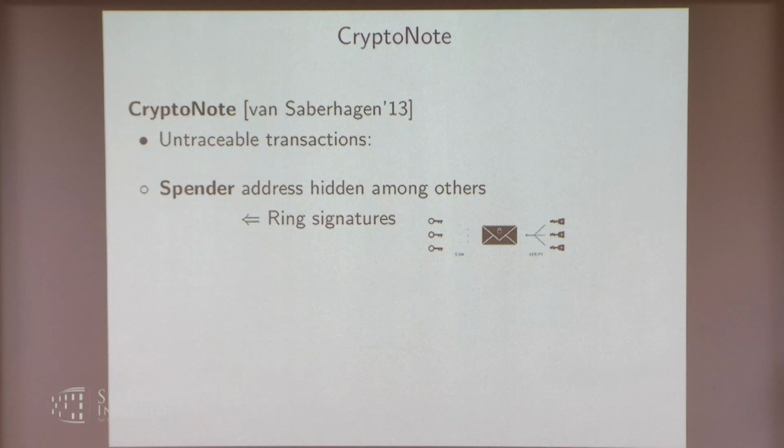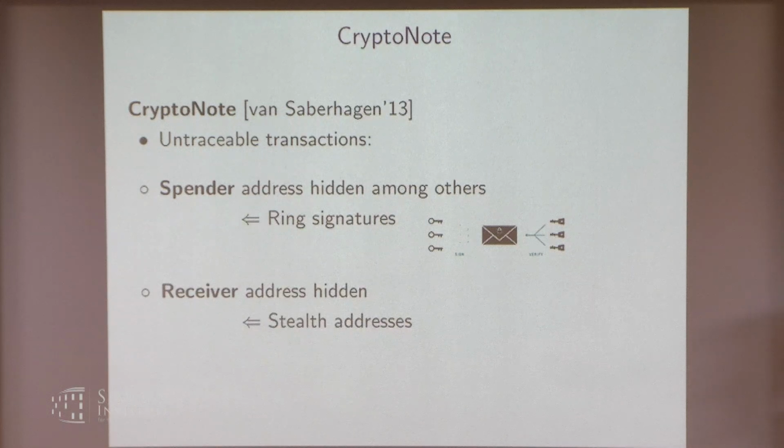Hiding the spender is done by a cryptographic primitive called ring signatures. I would have been proud to give this talk with one of its inventors in the room, but they're not here anymore. And hiding the receiver is done by a concept called stealth addresses, which I'll quickly explain.